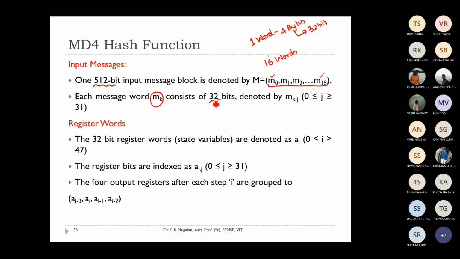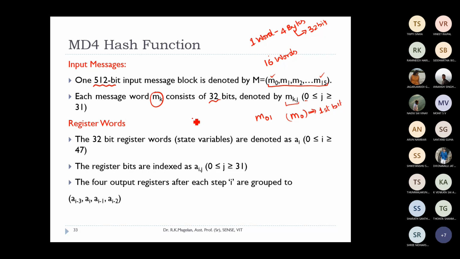So each message word is made up of 32 bits, and each and every bit will be denoted as M(K,J), where J will range from 0 to 31. For example, M0,1 means, in the word M0, I am speaking about the first bit.